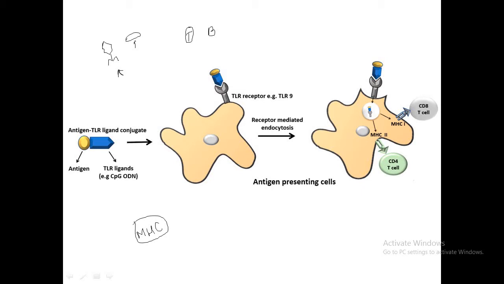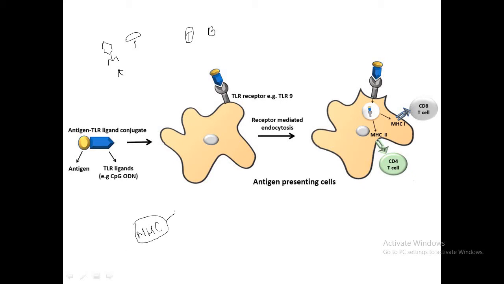They present this antigen to T cells and they have the ability to discriminate between self and non-self cells. Self means the cells present in our body, that is our body tissues or cells, and non-self cells means those that are the invader or the foreign ones.